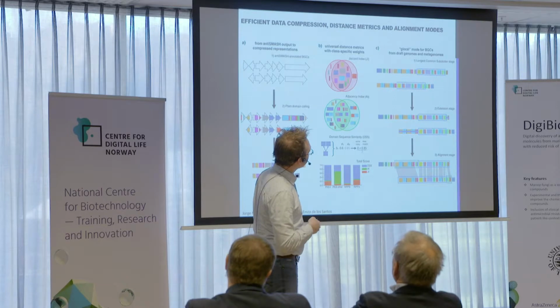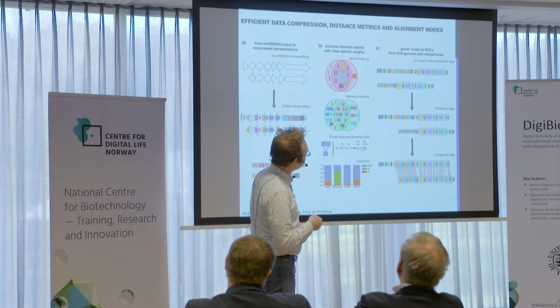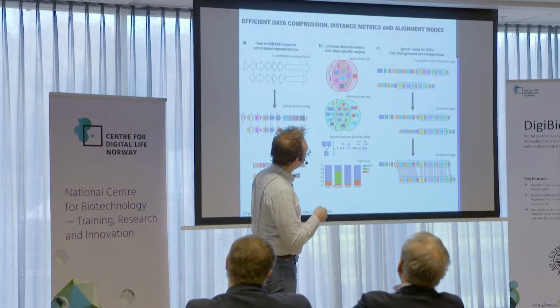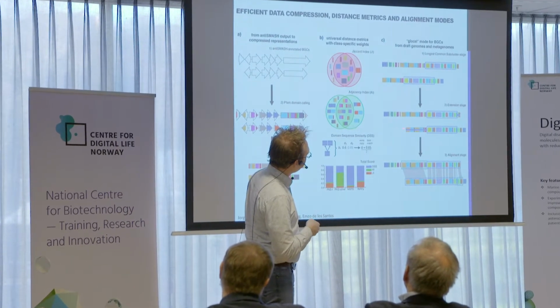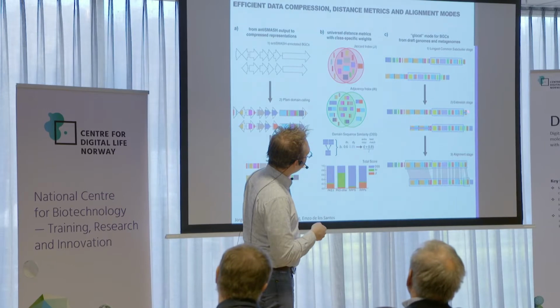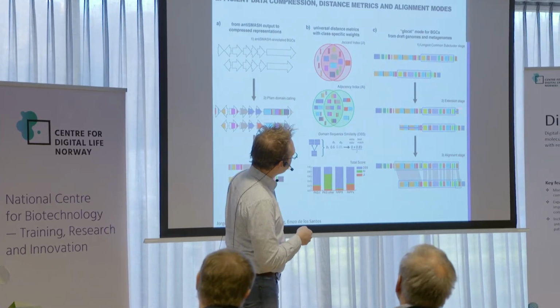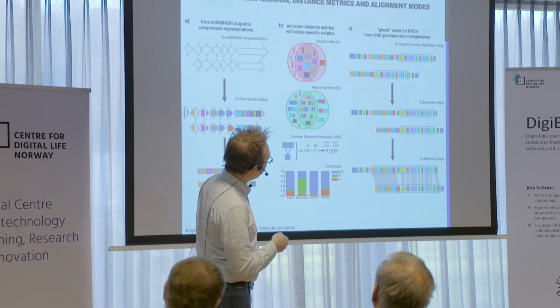So the solution for this is what we call glocal alignment, in which we first look for the best local match very quickly using a fast algorithm called the longest common substring search. And then we extend the alignment to two sides, to the nearest gene cluster border, which could be a contig border.